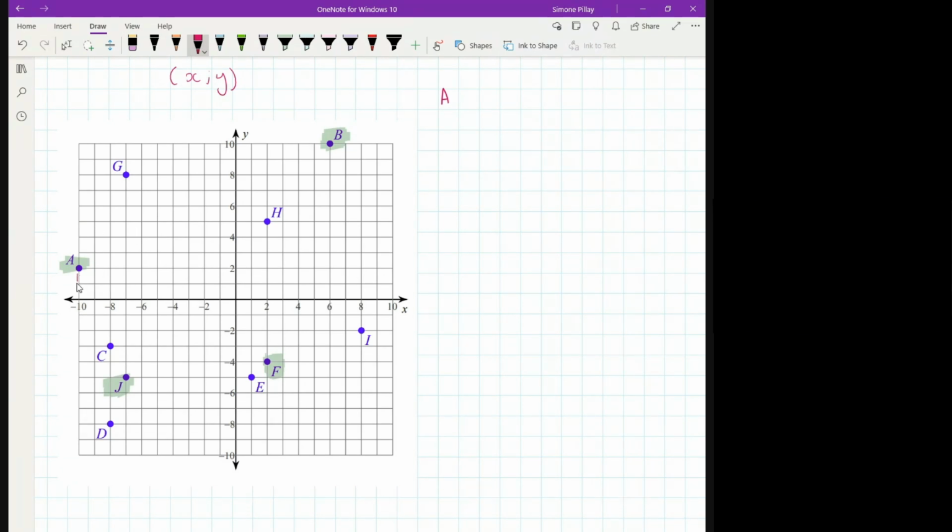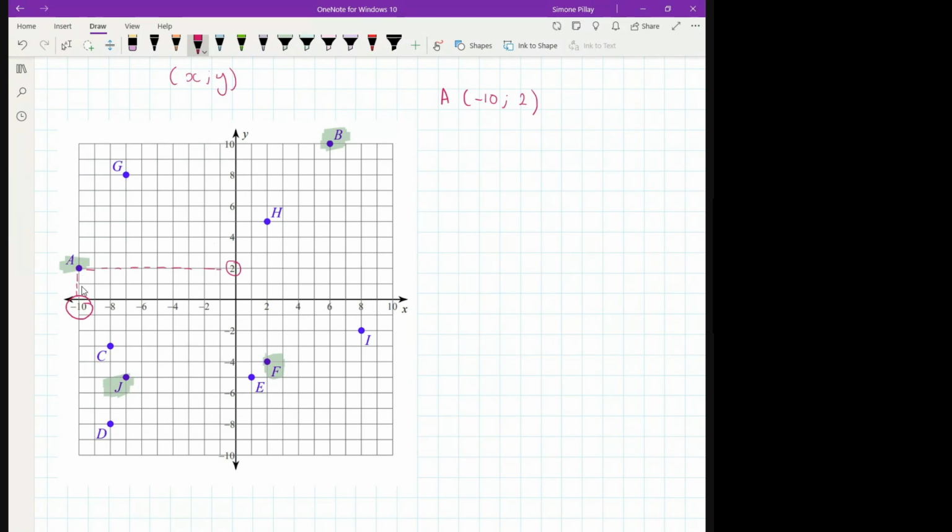If I draw a line down here to my x-axis, I get to -10 for point A. So immediately point A is going to have an x value of -10. But what about its y value? The y value is going to be 2. Okay? So that is how we got to A's coordinates.